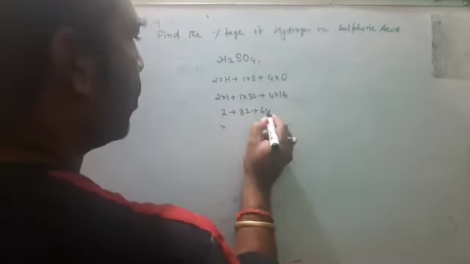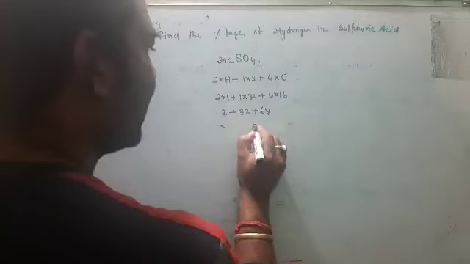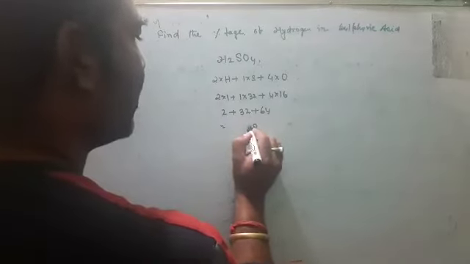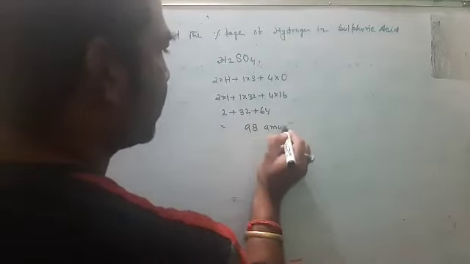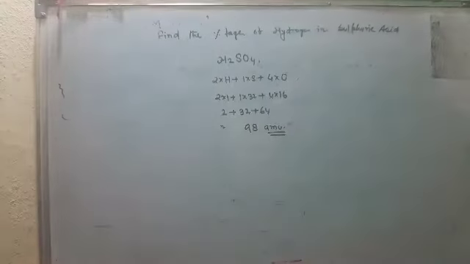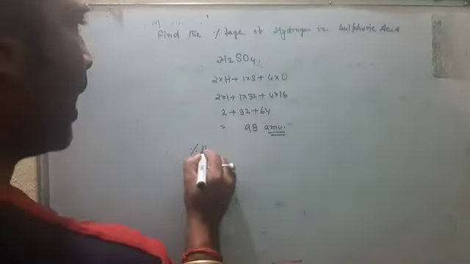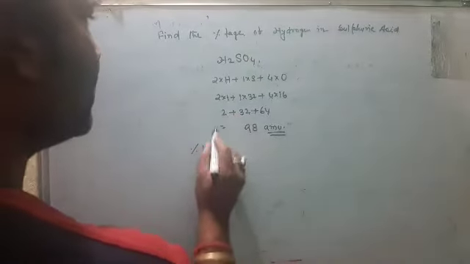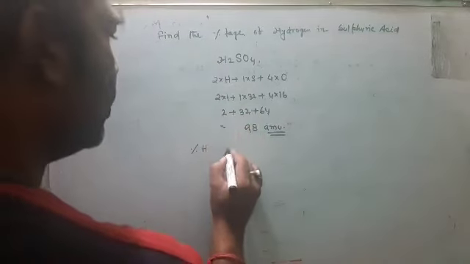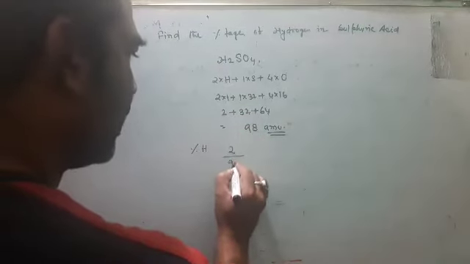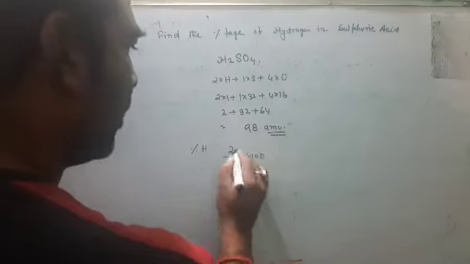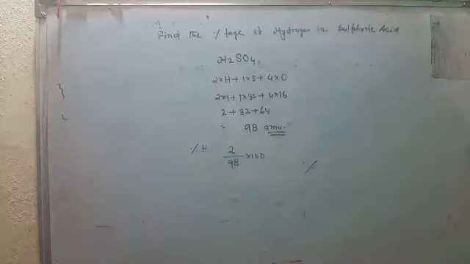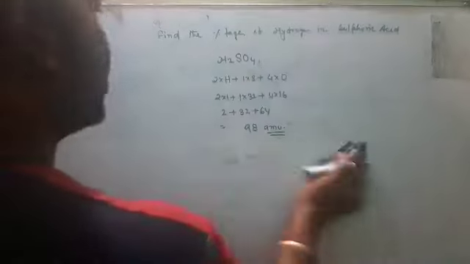Add it, we get 98 AMU. Now percentage of hydrogen: how many hydrogen are there? 2. So 2 by the total 98, into 100, that is your percentage. Going to the next one.